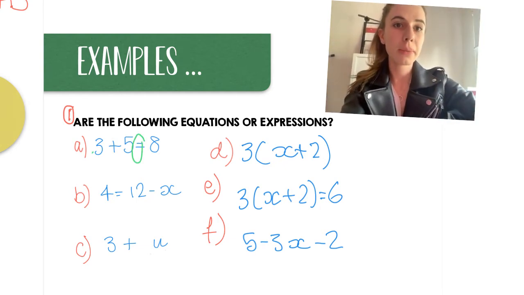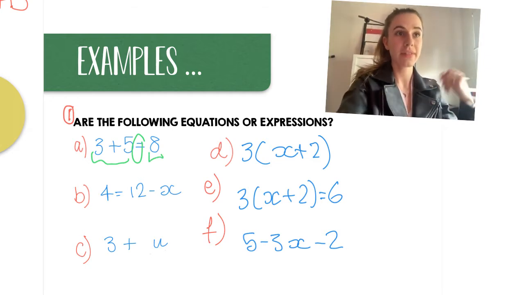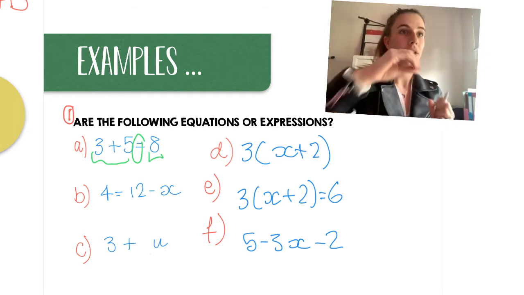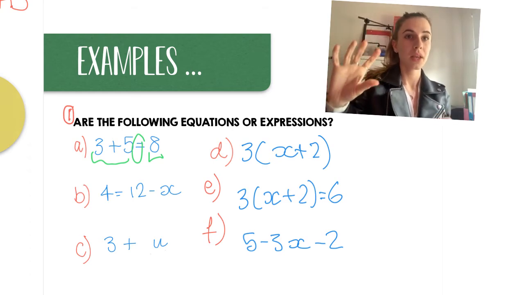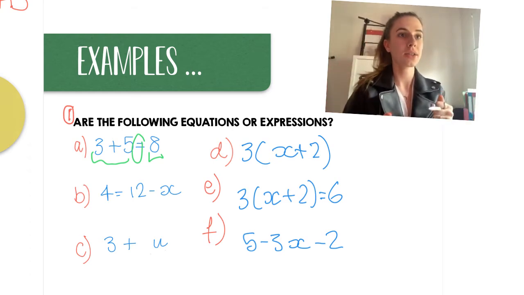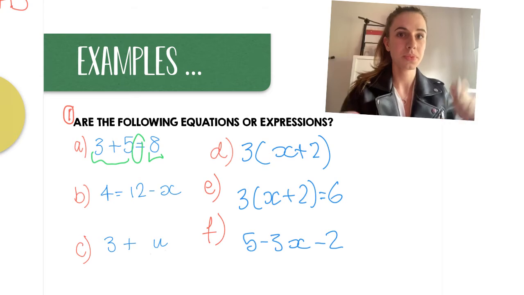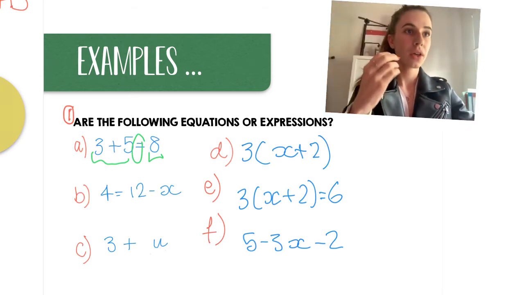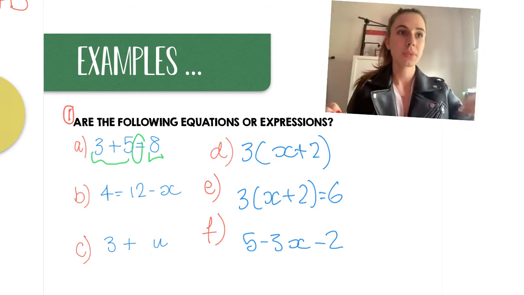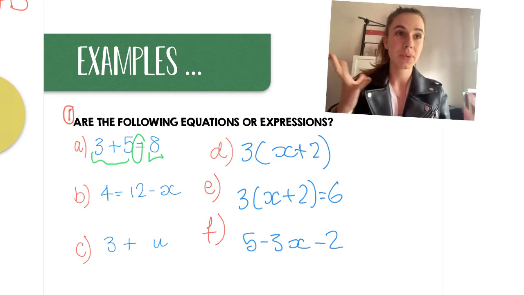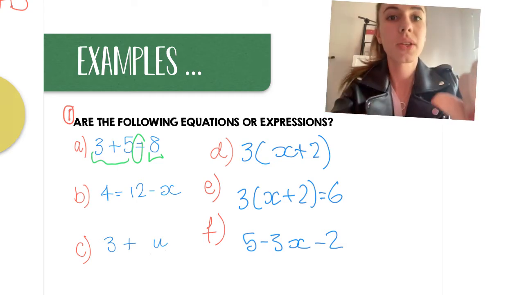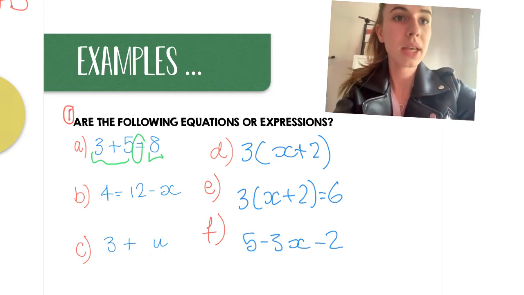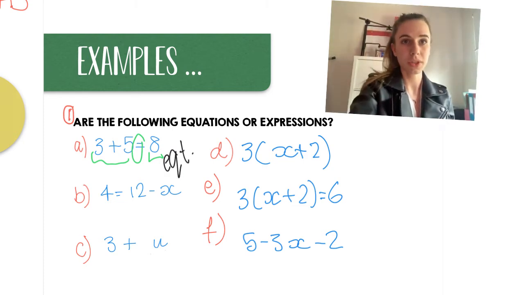And 3 plus 5 is equal to 8. So on the left hand of the equation, it's equal to the right hand side of the equation, okay? So for instance, if you have 3 tennis balls and 5 tennis balls, and on the other side you've got 8 tennis balls, the same value, okay? So I'm just going to write EQT, which is going to be short for equation.